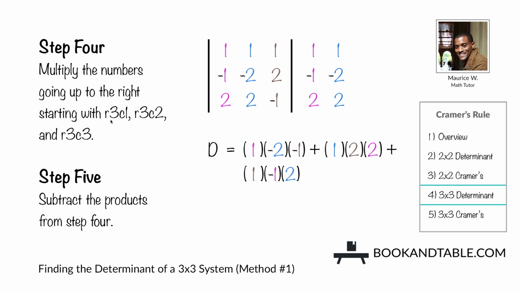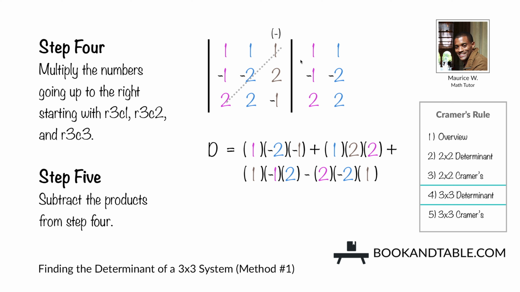So starting with row 3, column 1, row 1, row 2, row 3. Column 1 is furthest to the left, so we're starting with +2. And now we multiply the numbers going up to the right. So that gives us 2 times -2 times 1 here.